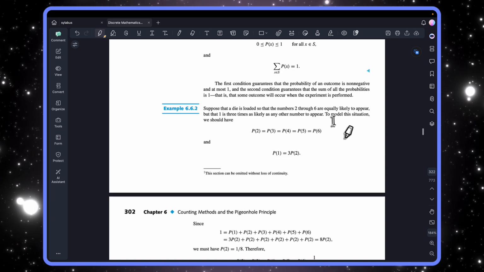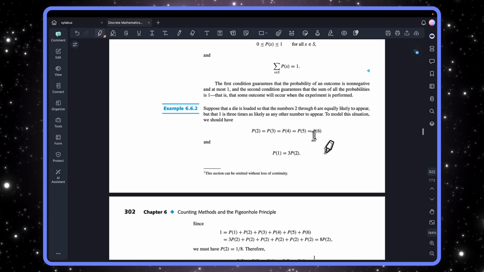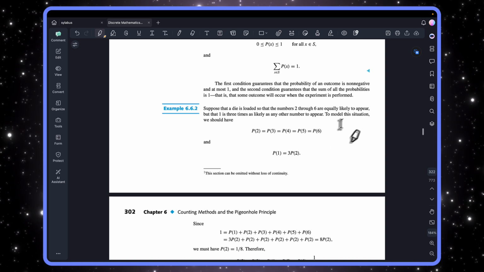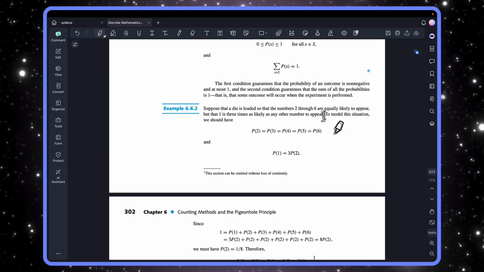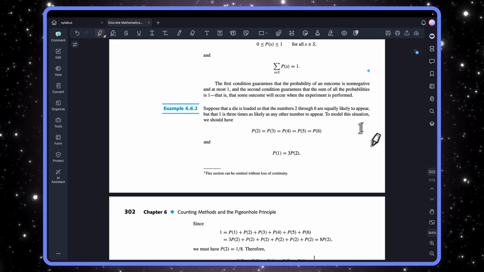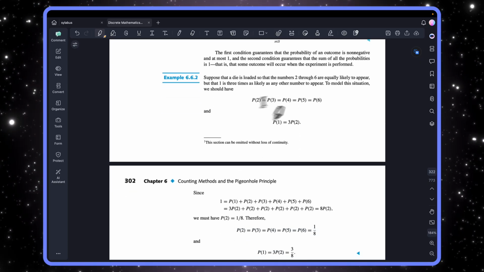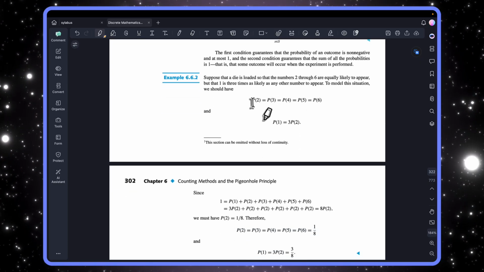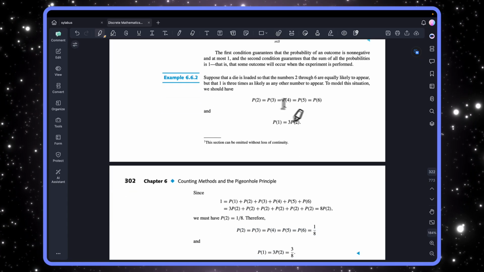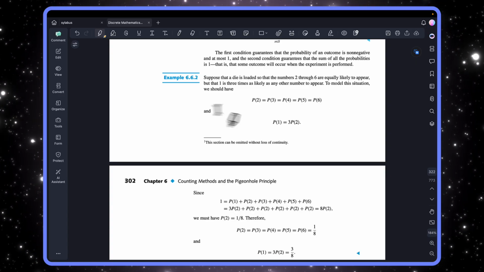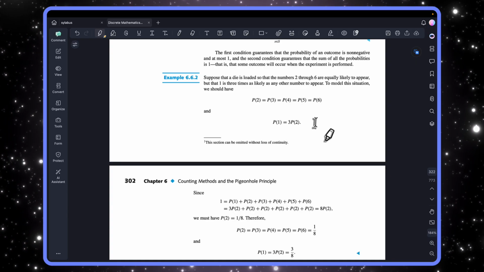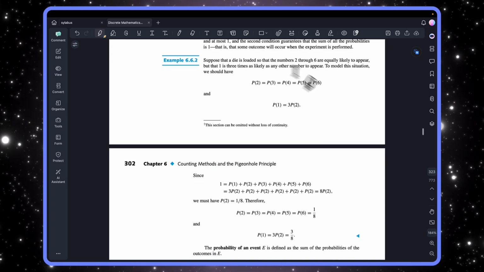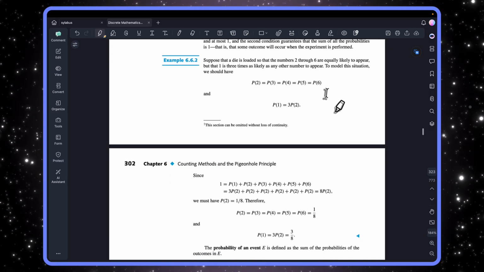That's kind of weird, I don't think such a die actually exists in the real world, but let's assume it does. To model the situation, probability of 2 equals the same as 3, 4, 5, and 6, but the probability of 1 is 3 times the probability of 2. So that's really rewriting this scenario down.